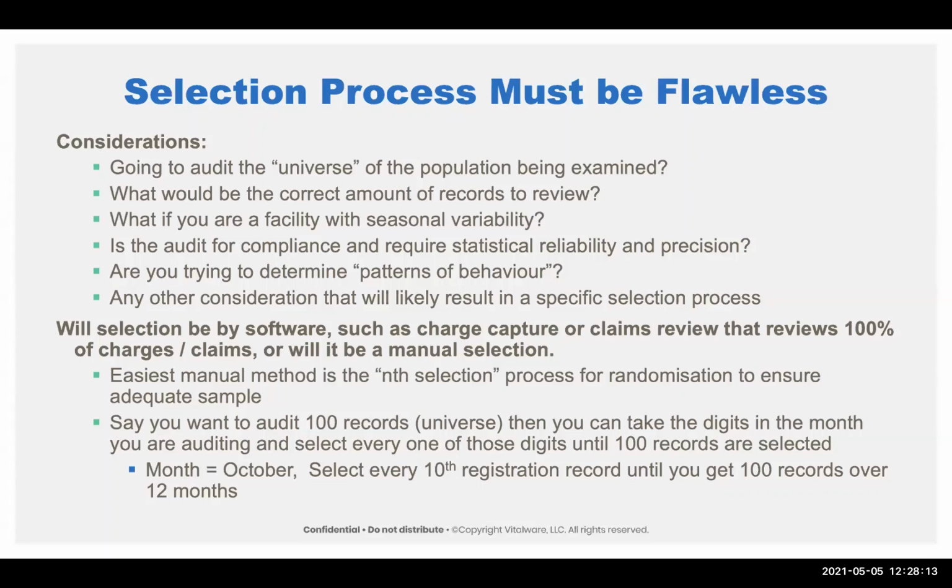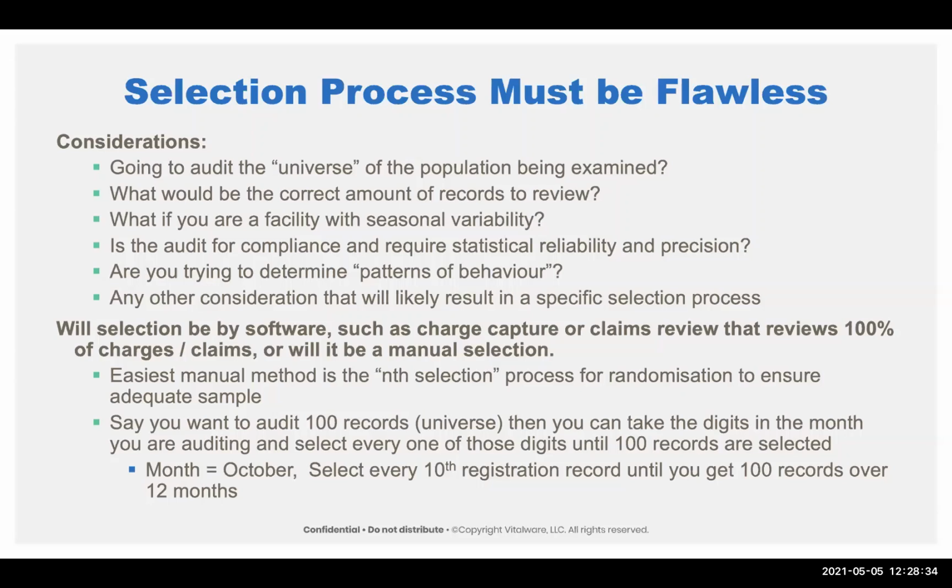Statistical reliability and precision, we talked about that with the OIG. And what you're trying to find is a pattern of behavior. What is it that shows up over and over and over again, and then find out what that root cause is. Any other consideration will result in a less than specific selection.